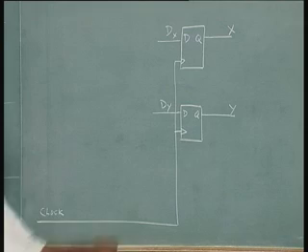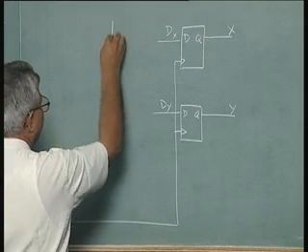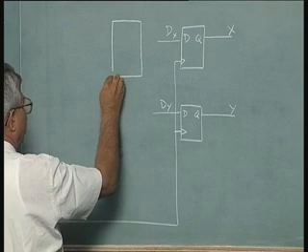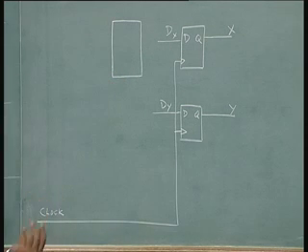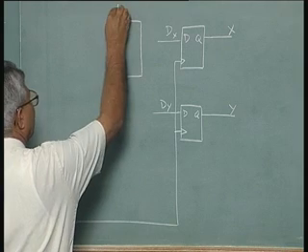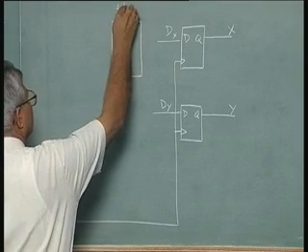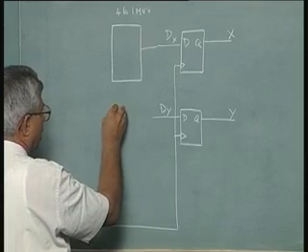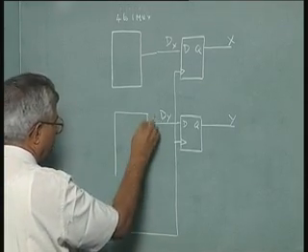Now how do you drive these flip flops? Using multiplexers. And since there are 4 states maximum, of course there are only 3 states, but maximum 4 is possible, so you use a 4 to 1 mux here corresponding to DX, and another 4 to 1 mux corresponding to DY.